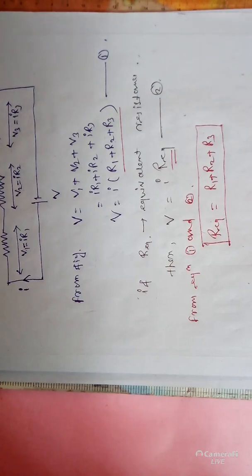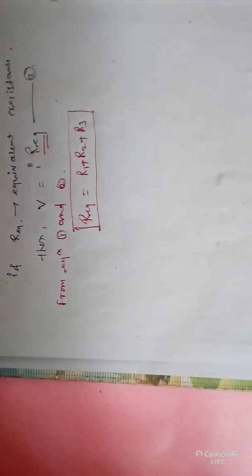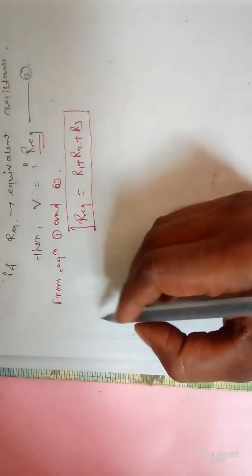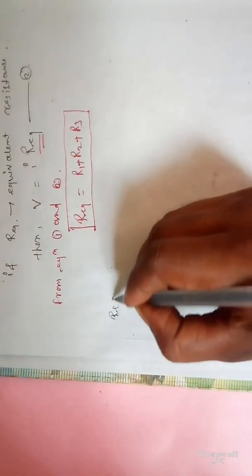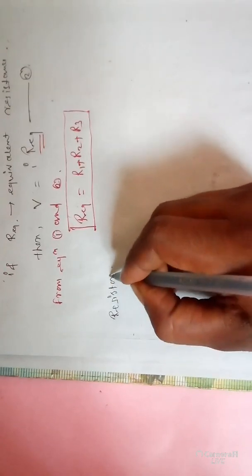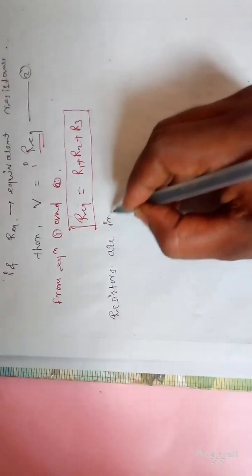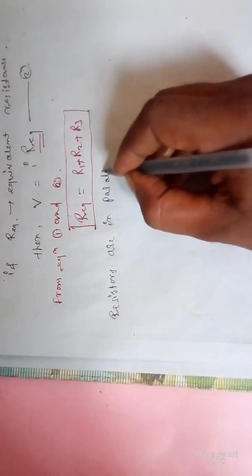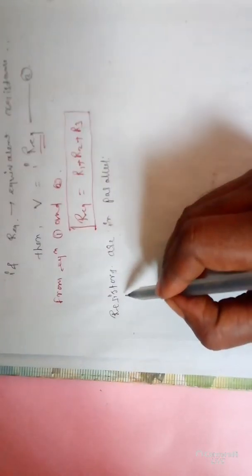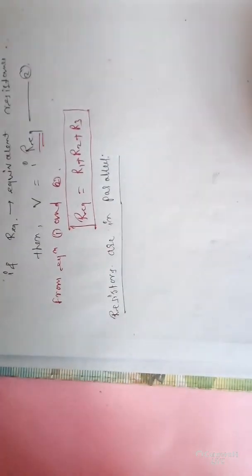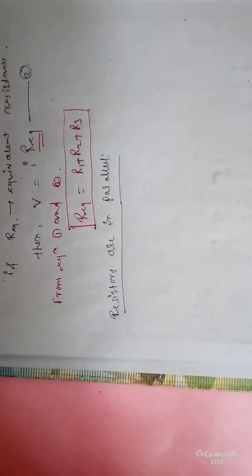Now if we take the parallel combination, then the potential drop is the same, but the current will be different. So what you can write? Give the heading, resistors are in parallel. How does it look?